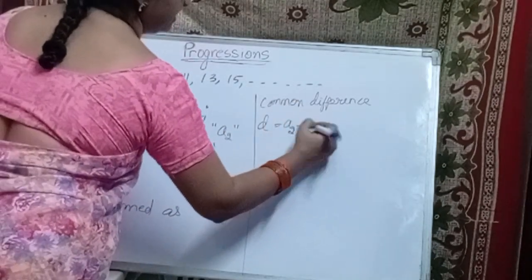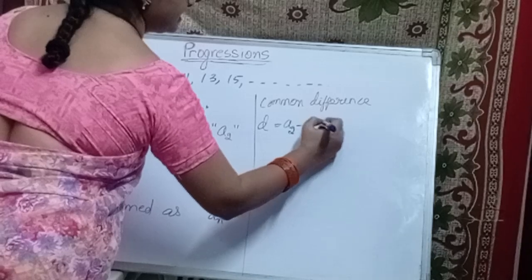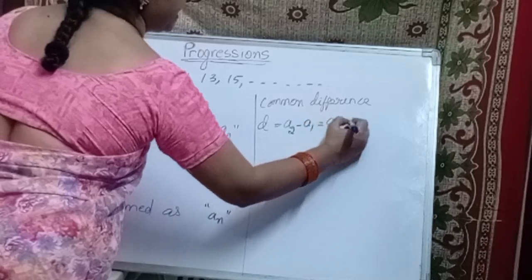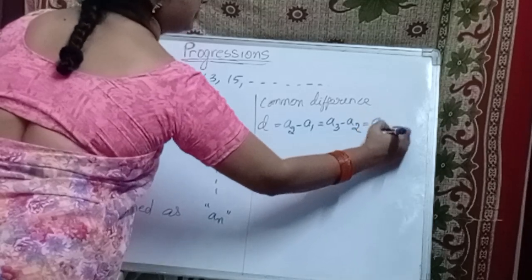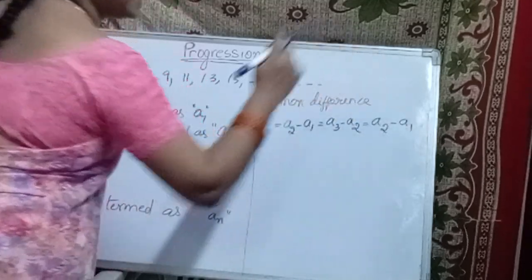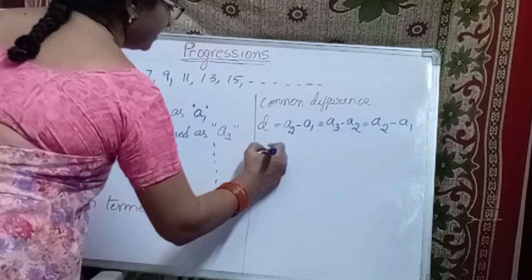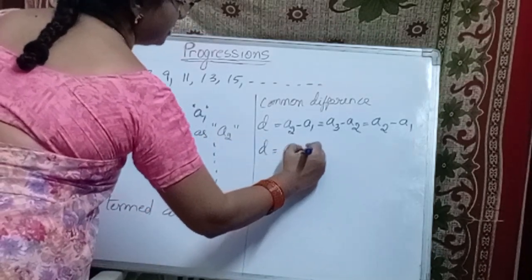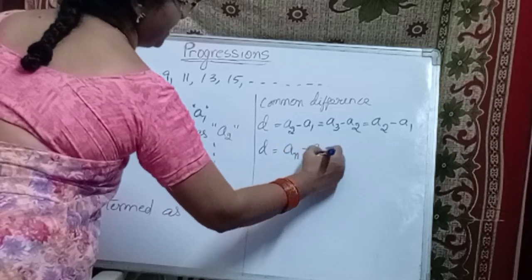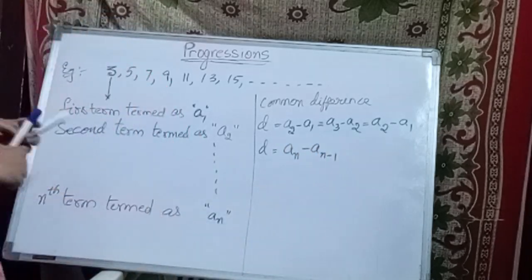A2 minus A1 equals A3 minus A2, like that. And also at last you will get D is equal to AN minus AN minus 1.